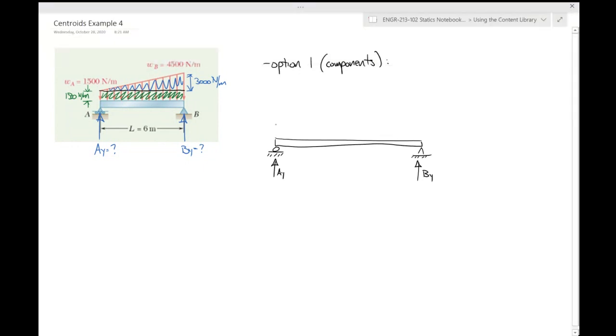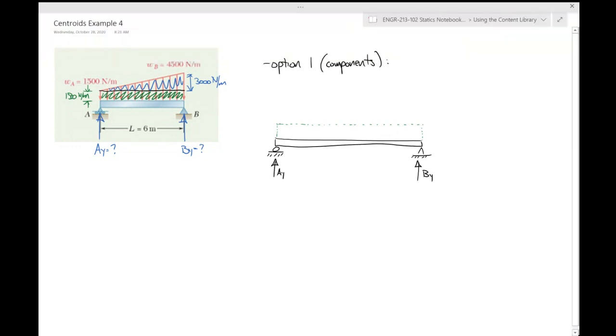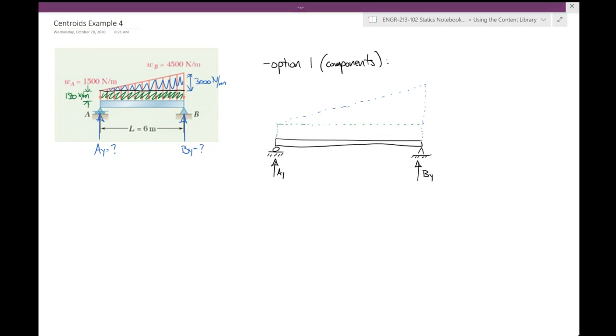If I were to create a little shadow where that rectangular load would be, it would be right there, and then the triangular load would be right here. Okay, let's take the rectangular load first.